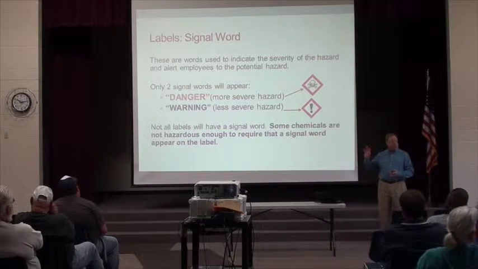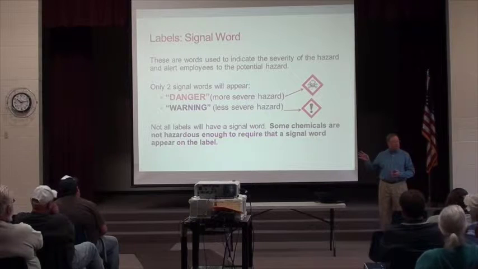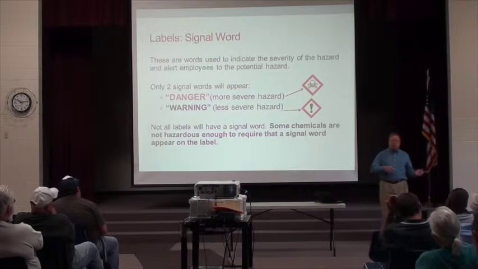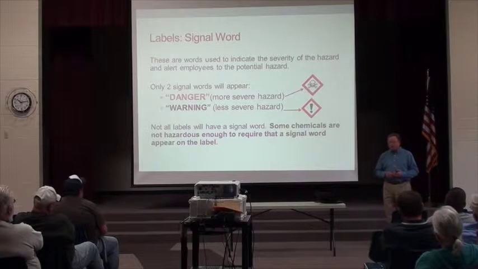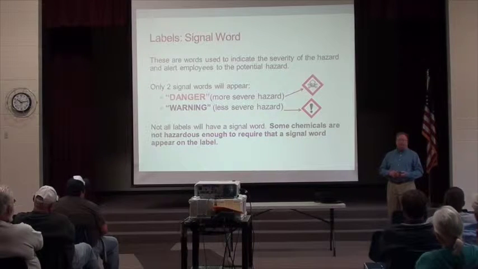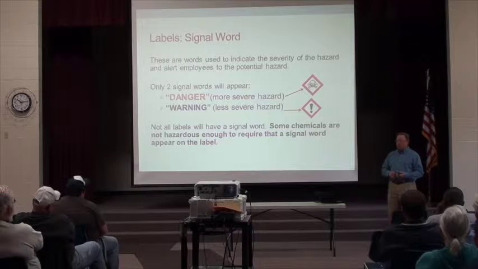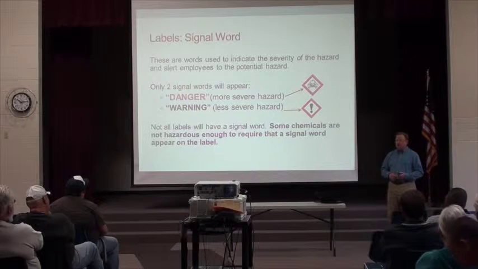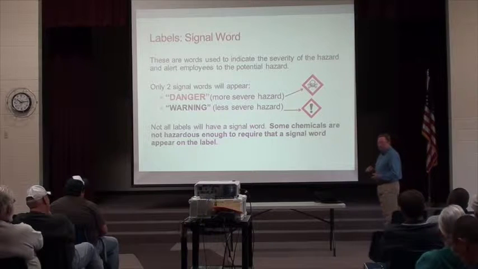These words have been used a long time, and are still being used today, even on physical hazards, like a piece of equipment. Next time you use your lawnmower, if it's a new lawnmower, look on it somewhere and you're going to see the word danger. Anytime you see that word danger, that means that there's something there that can harm you pretty badly.